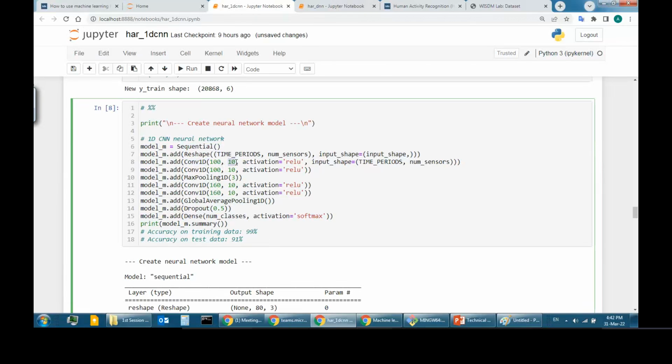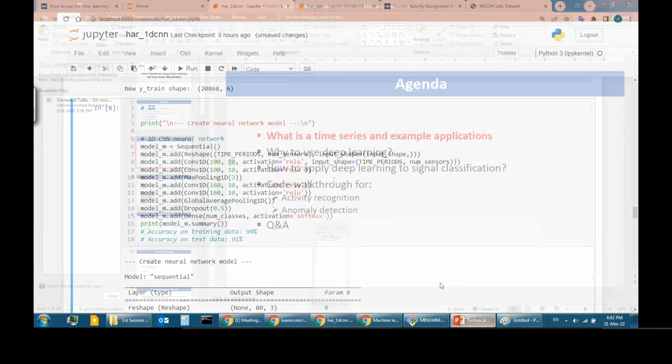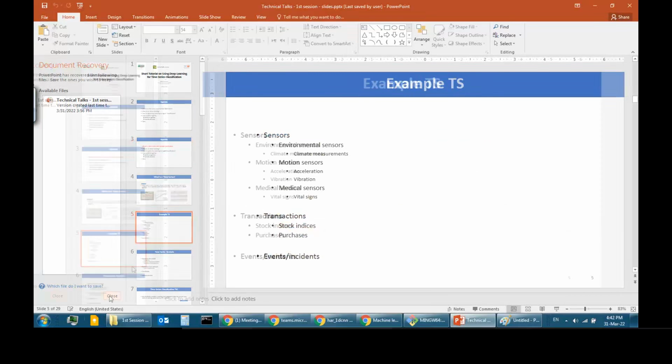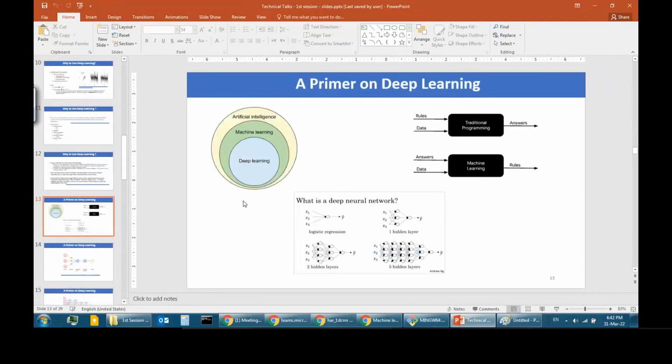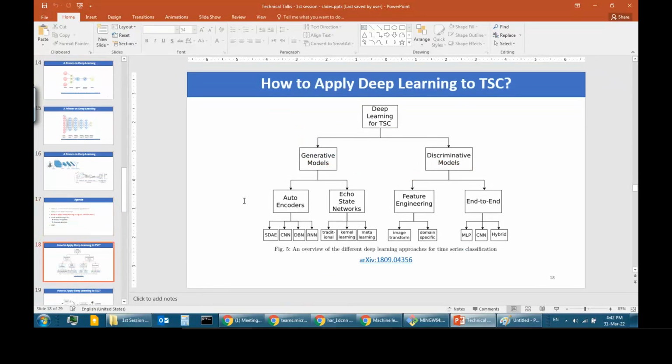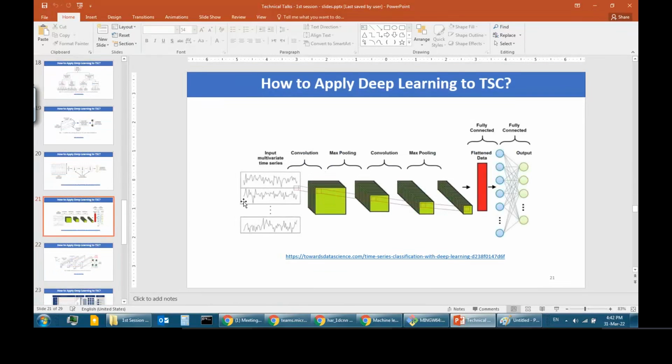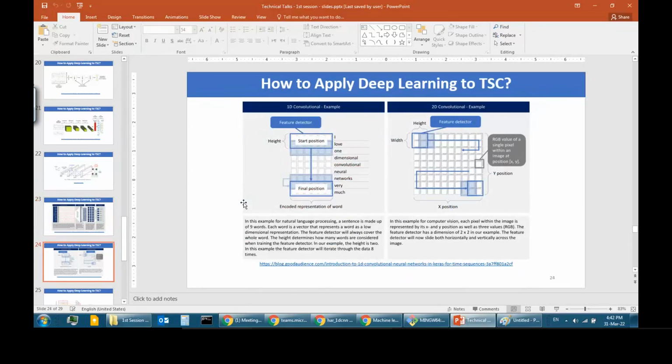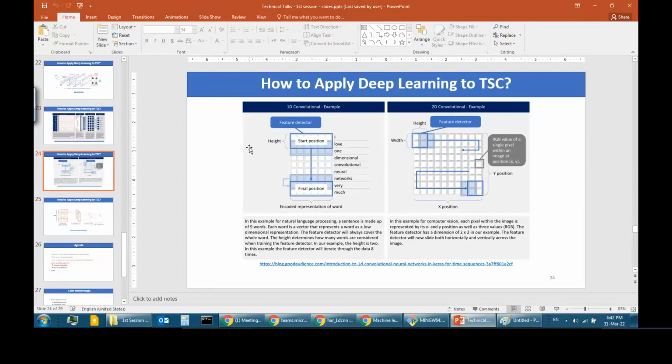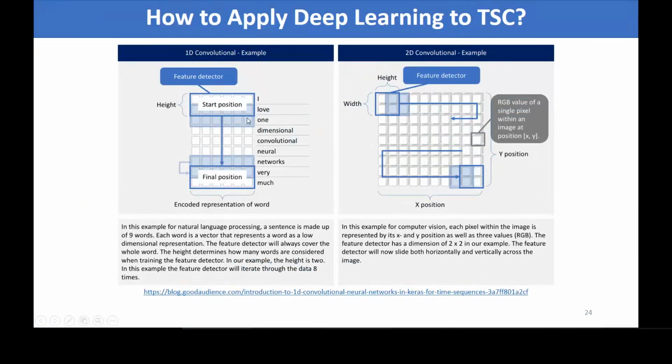This is referring to, for example, here, you use a filter. You can use more than one filter. What's the width of this? This is the width of this filter.